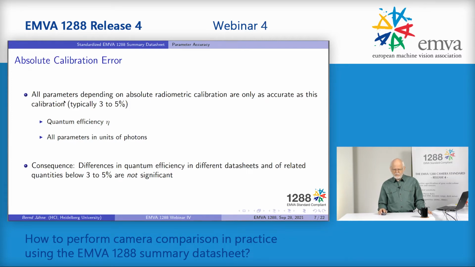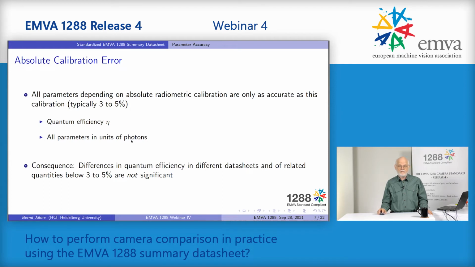Everything that contains photons depends on this absolute radiation calibration and also, of course, the quantum efficiency. The accuracy of this calibration is typically 3 to 5%. That means if you have differences in this order of 5%, they are simply not significant. You cannot say the one or the other camera is better.